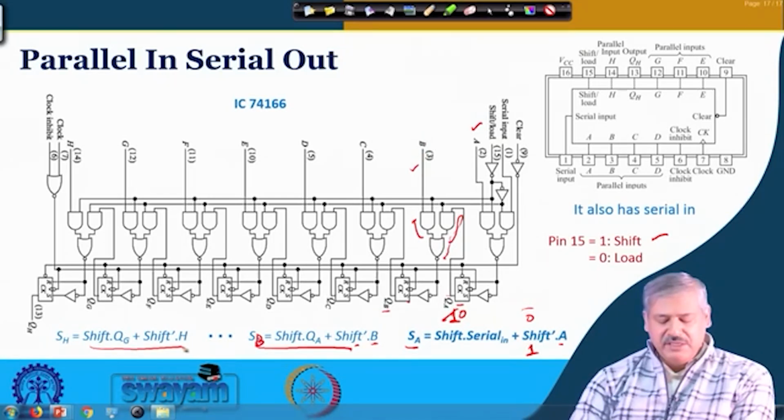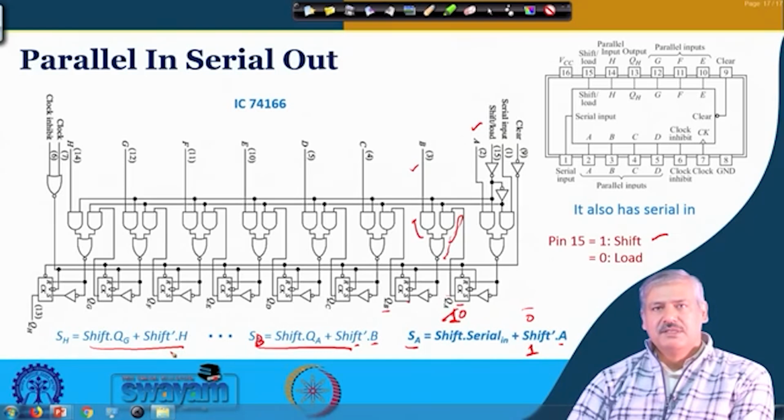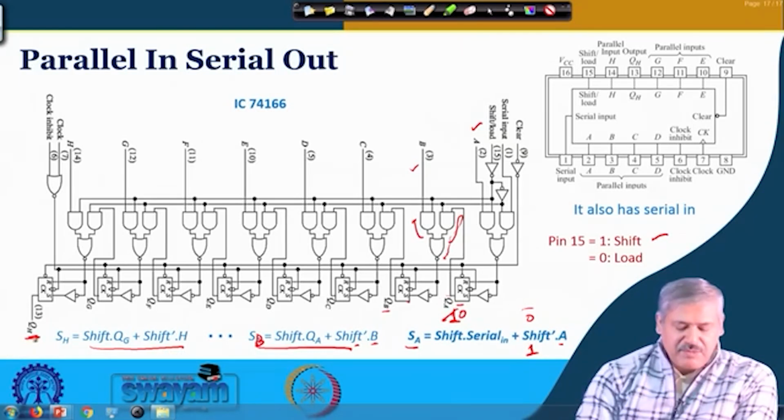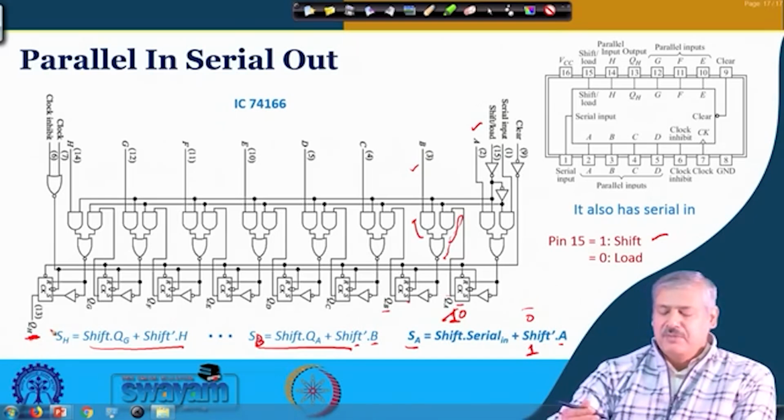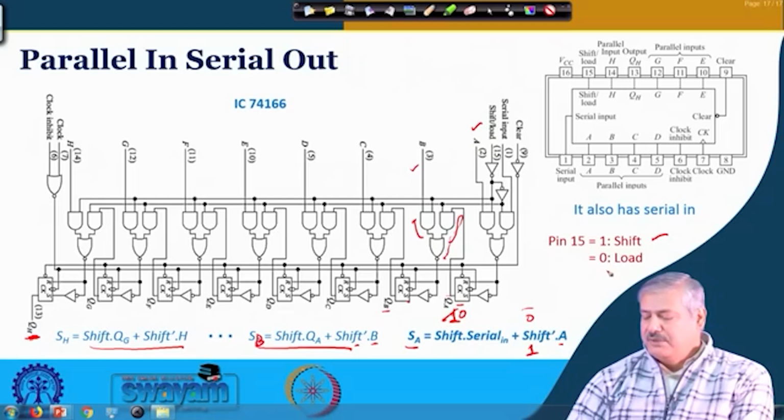So, similarly over here you can see. Is it okay? So, this is parallel in, serial out, and the serial out you are taking finally from QH. You can put it parallel in just by simply loading it, using this control input to be 0.